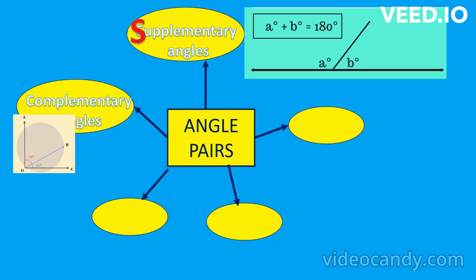Let's remember S for straight line. S for straight line. So supplementary angles make 180. Let's try to remember C for complementary. Let's make this C a 90. This is easy to remember. Complementary angles make 90 degrees together.